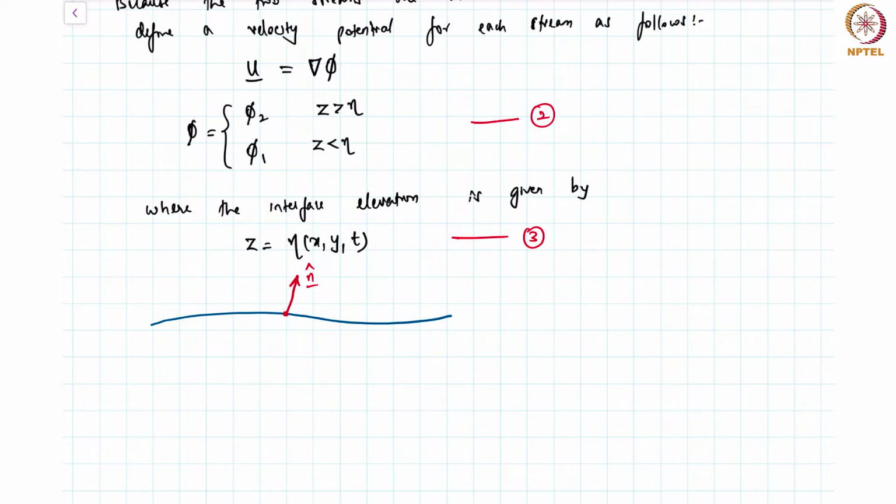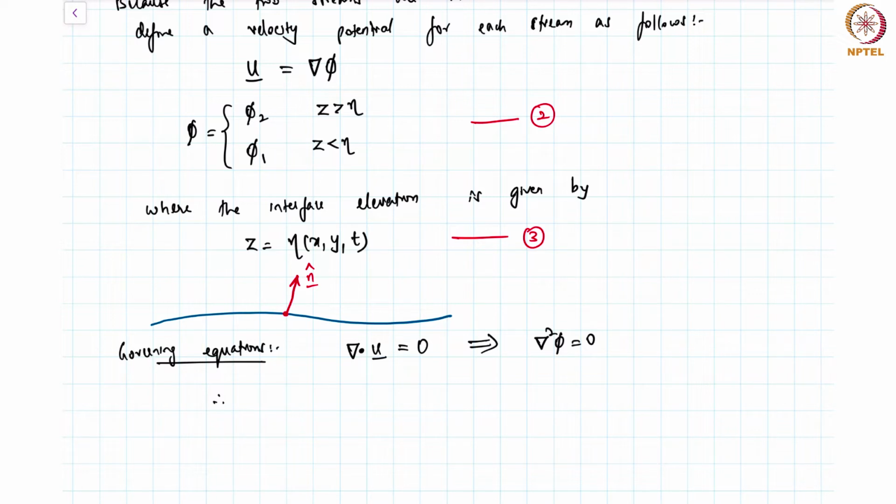Then the governing equations would be the divergence of velocity in both the fluids is 0. This is the equation of continuity and the incompressibility condition, and this immediately gives us del square of phi is 0.